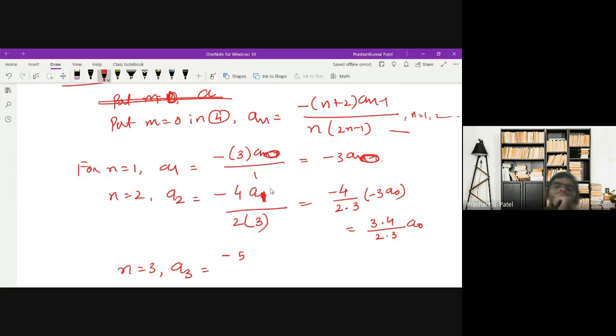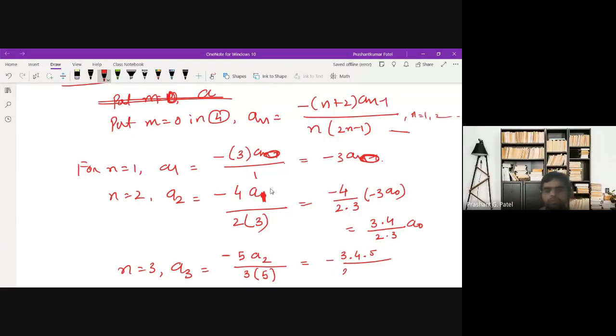Yes, so it is 5 upon 3 into (6 minus 1), that is 5. A2 will be this one, you can substitute that value here. So in the numerator, you will have 3 into 4 into 5.